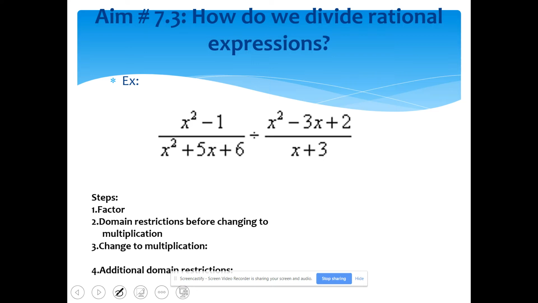So for our rational expressions, we factor. That's always going to be our first step, with the exception of one part, which will come in the next notes. And then we find restrictions.